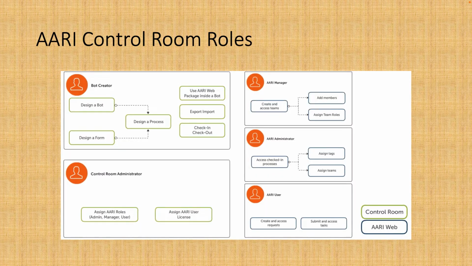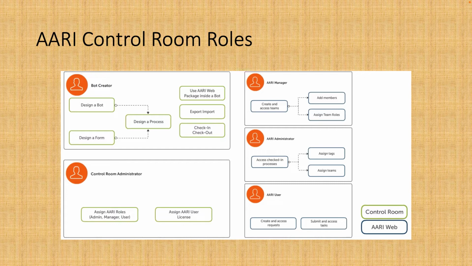Okay, now you see here, the first role is bot creator. We are all familiar with this role, as this is the role which you typically use to create the bot. The same role would design a process, can create a form, and can also create a bot.